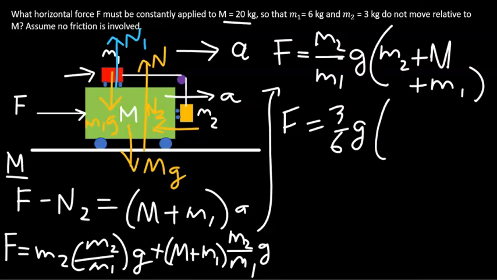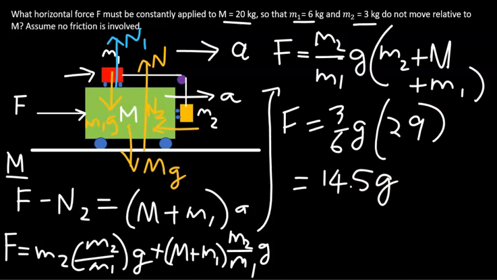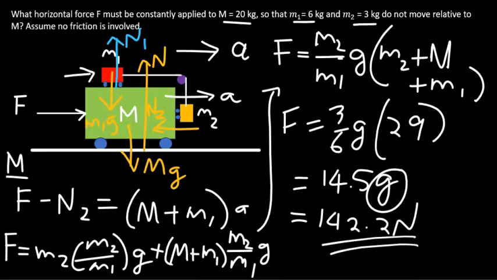So 20 plus 6 plus 3, that is 29 kg. And you end up with a final expression, 14.5 times gravitational acceleration. And if you take g to be 9.81, F would become 142.2 newtons approximately. And that's the final answer, and that solves the problem.